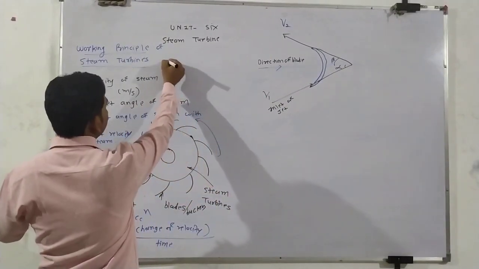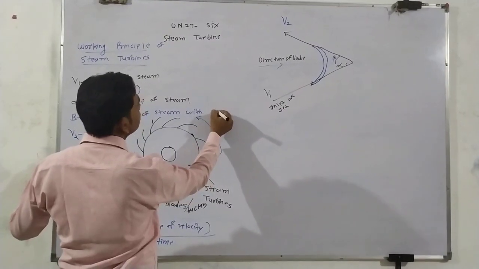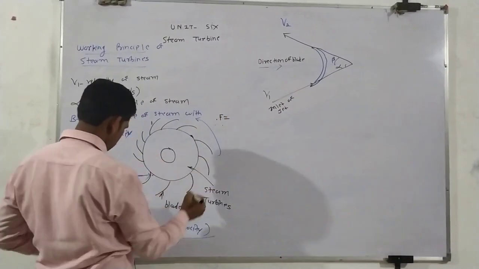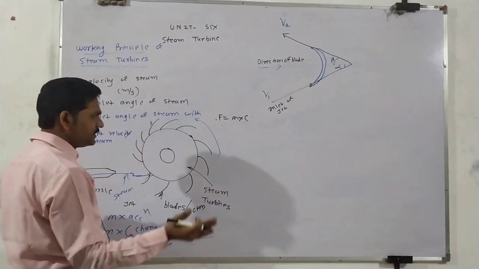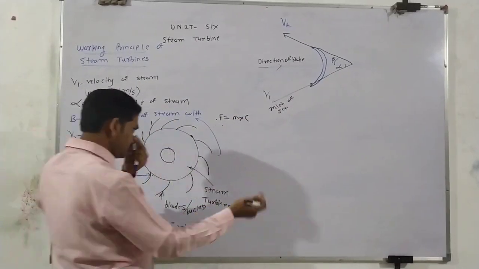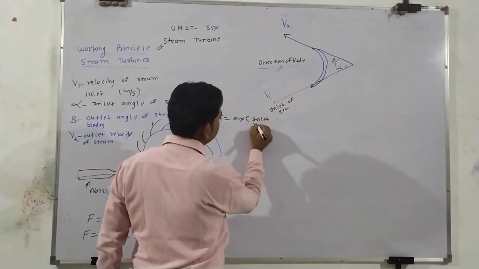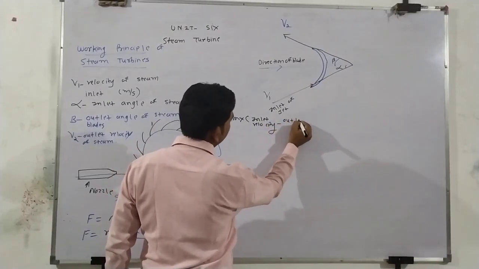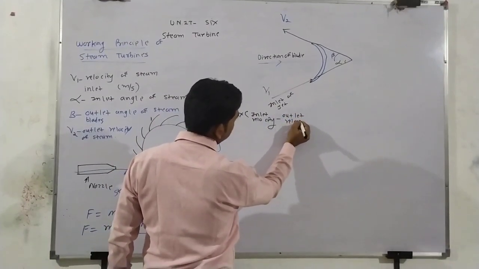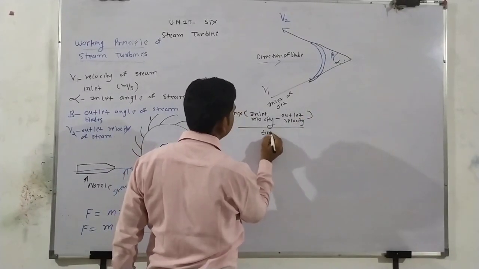So what does this change of velocity mean? I write it down here. F is equal to mass into change in velocity, which is inlet velocity minus outlet velocity of the blades upon time.